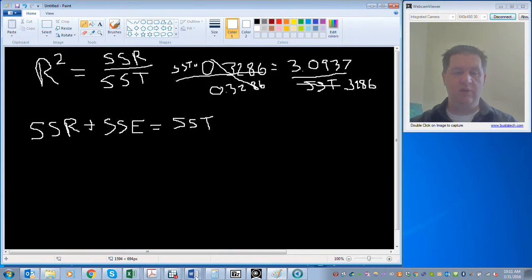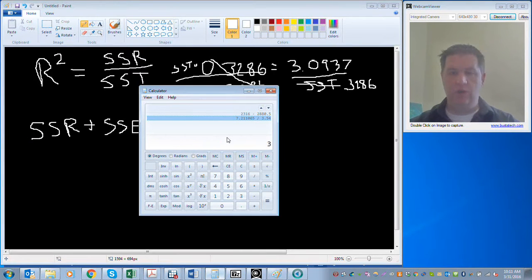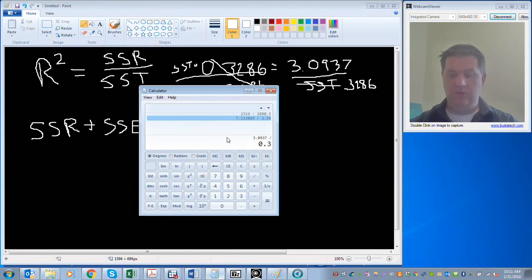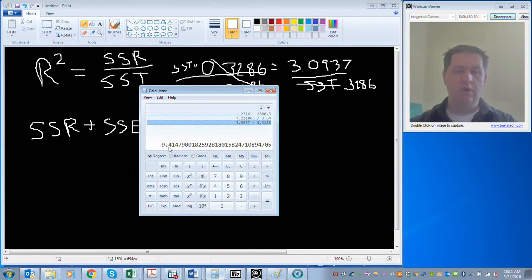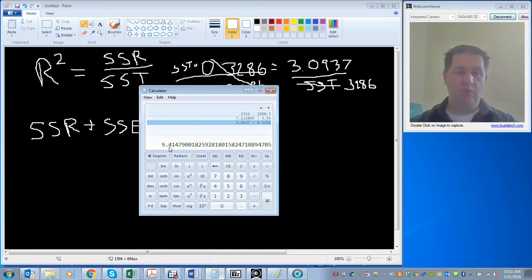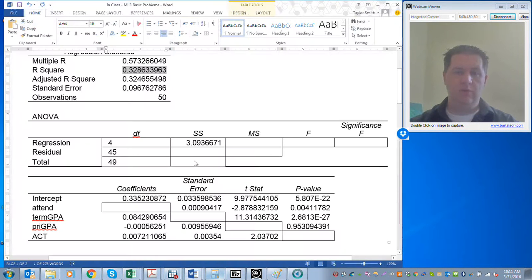Let's grab a calculator. 3.0937 divided by 0.3286, we get 9.4148. So let's go back over there. So 9.4148. And depending on how many decimals you take this out to, you might get a slightly different answer, but that's pretty darn close.